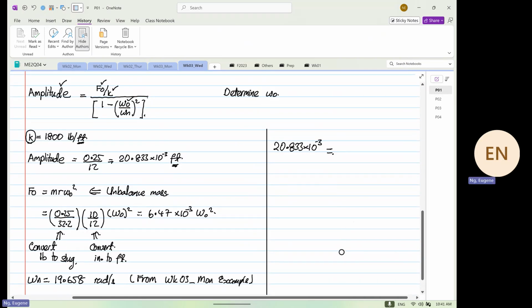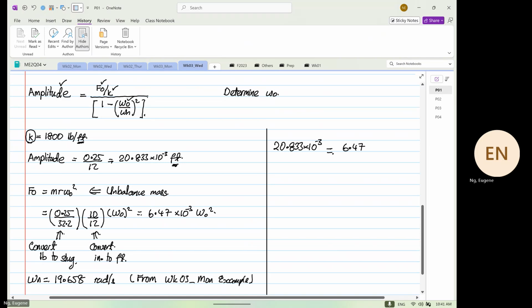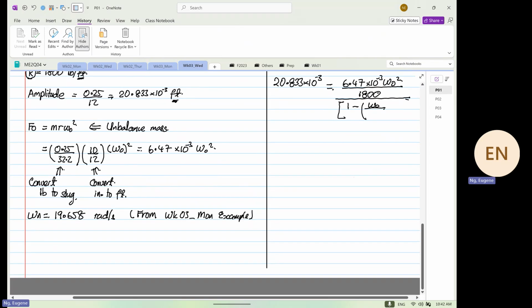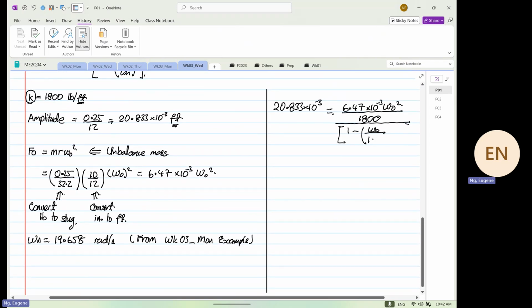F naught is equal to 6.47 times 10 to the power minus 3 omega naught squared, divided by K, which is 1800. Then the whole thing will be 1 minus, and we don't know our omega naught, but we are aware that our omega n is 19.658, and the whole thing squared.